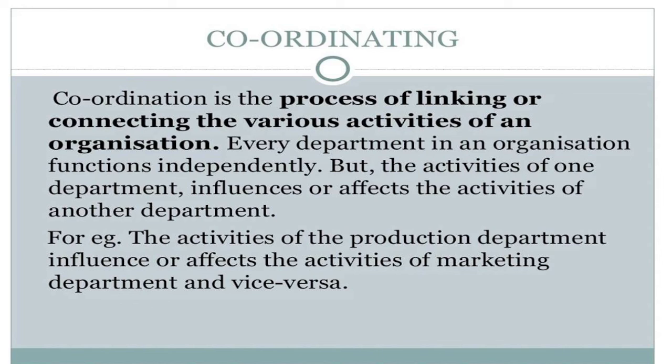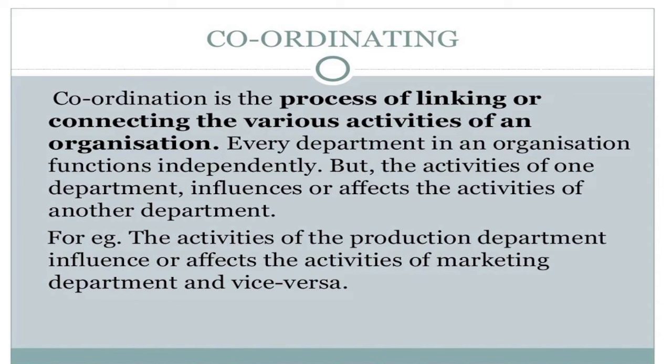So this is coordinating. In the next video, we will understand this further. The activities of one department influence or affect the activities of another department. An example was given: activities of the production department influence the activities of the marketing department, and vice versa.